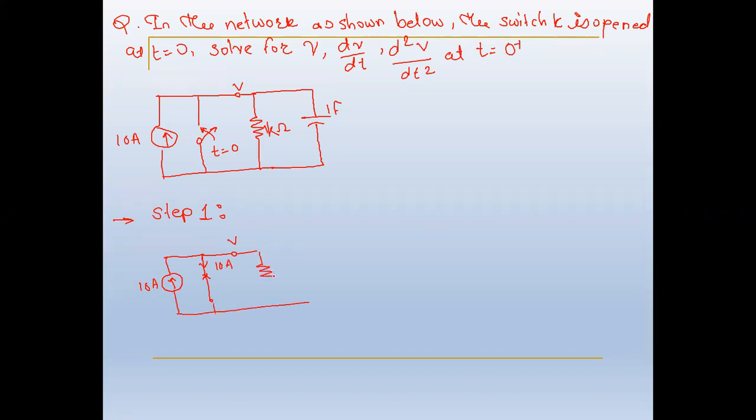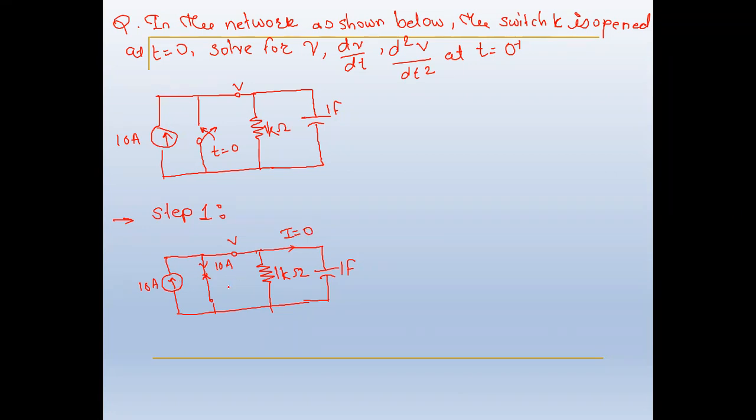So the resistor will remain as it is, 1 kilo ohm, and the capacitor, which is of 1 farad. Due to the short circuit branch over here, the same current will be flowing across, and initially the current through the capacitor is 0.